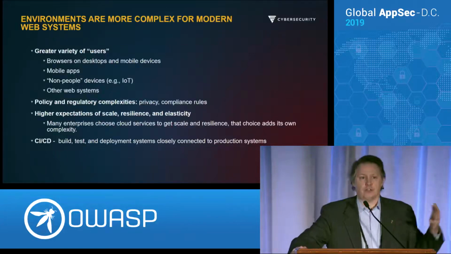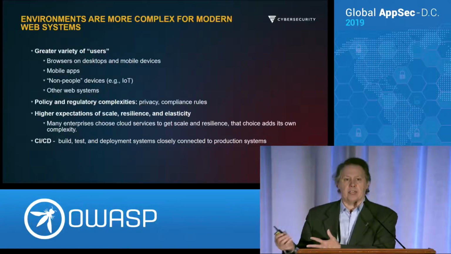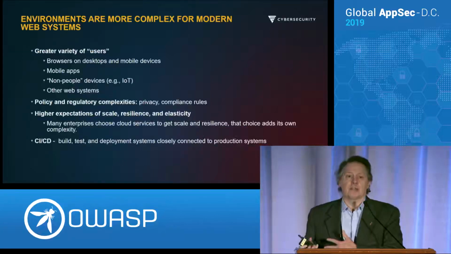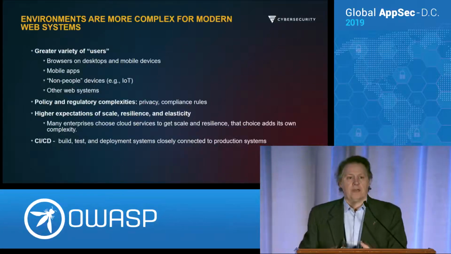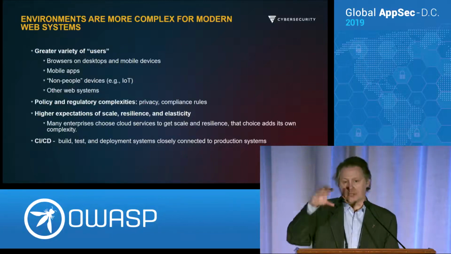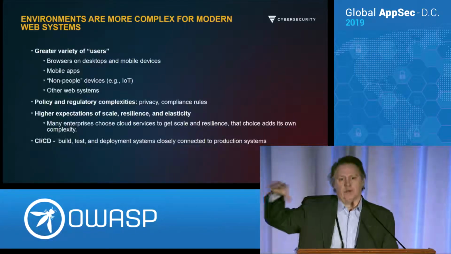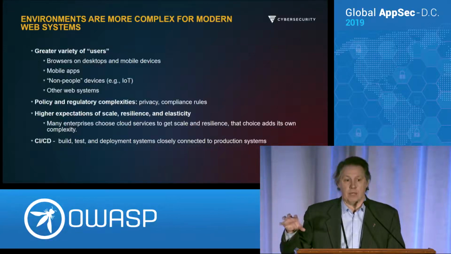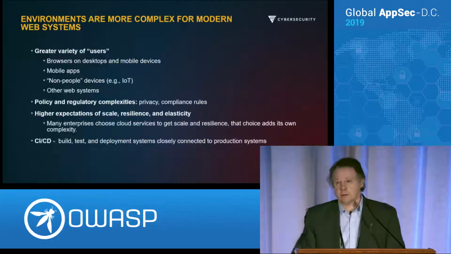Now, many enterprises choose to go to a cloud provider to get that scale, and that's fine, but that introduces its own complexities because now you have to configure your security not necessarily with your on-prem tools, but whatever policy and control tools the cloud provider happens to offer. And those may not be the same from provider to provider.